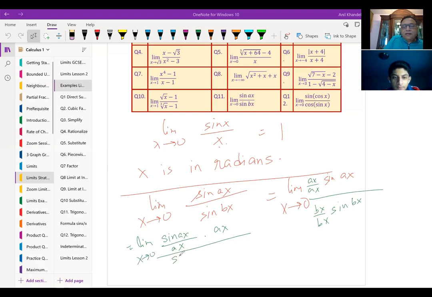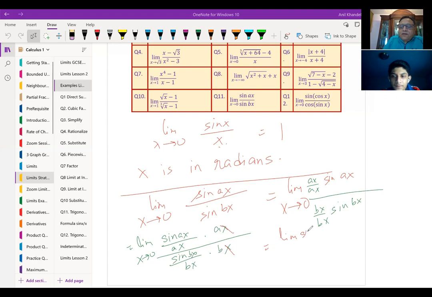And in the denominator, I could write sine bx over bx, times bx. Now x and x cancel here, correct? And you have the limit of sine ax over ax, which is how much? Which is 1, because ax could be treated as theta, for example. Theta over theta will be 1, right?